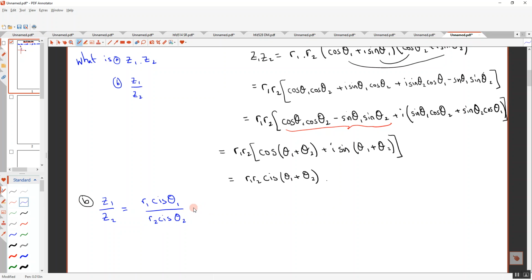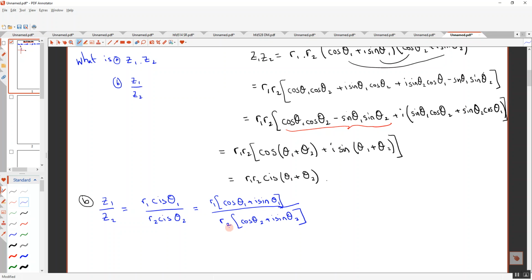It might not be as obvious when I write it in that form, so if I write it in the full form, I've got a complex number, and I've got i's in the bottom.